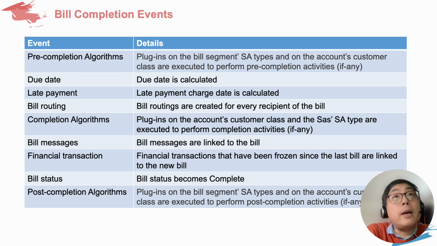I haven't put down events for, say, credit note, but this is a general bill, when it's created, when it's completed, what would happen. I think it's important to remember the events because they could be the point of configuration for your customer requirements, and also the sequence of these events is important.